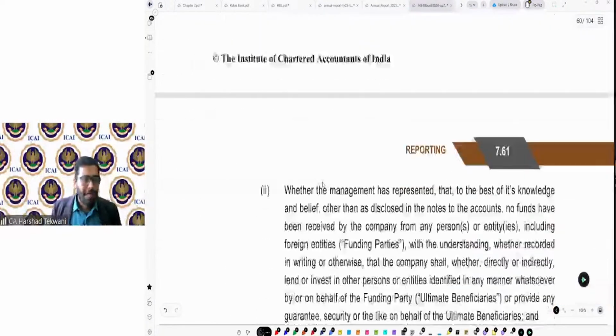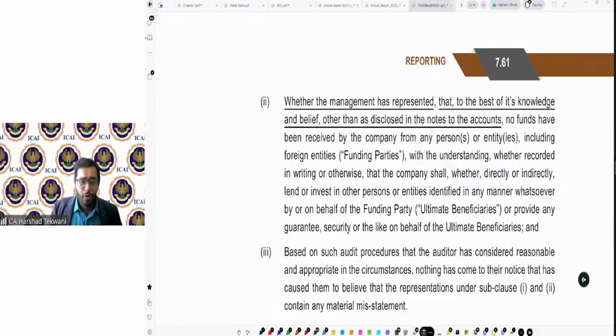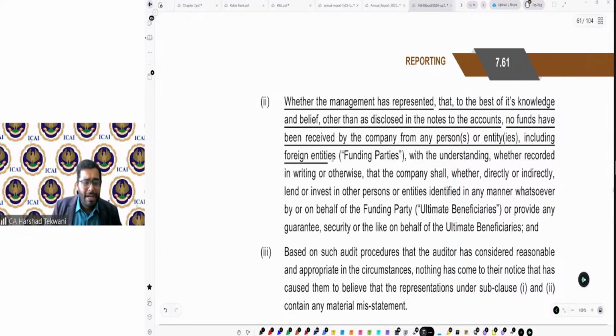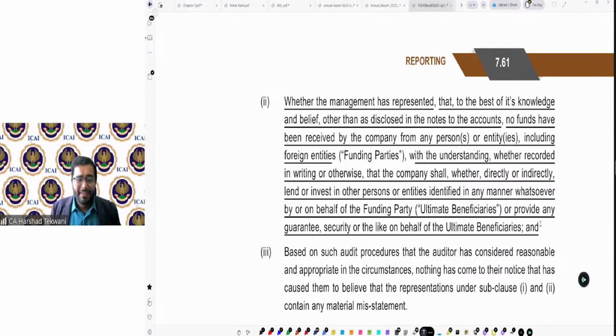That is one number. Second number on the similar line is whether the management has represented it that to its best of knowledge and belief, other than disclosing the notes of accounts, no funds have been received by the company from any person, entity, including foreign entities, with the understanding whether recorded in writing or otherwise that the company shall, whether directly or indirectly, lend, invest in other persons or entities identified in manner on behalf of funding party or provide any guarantee security.